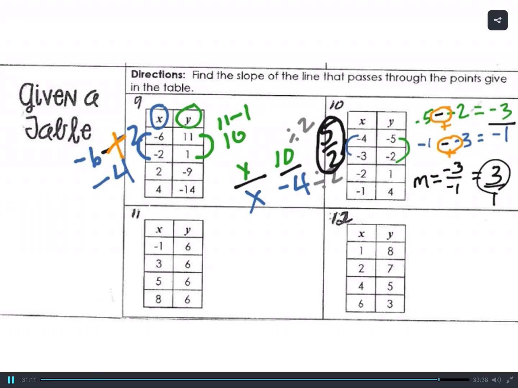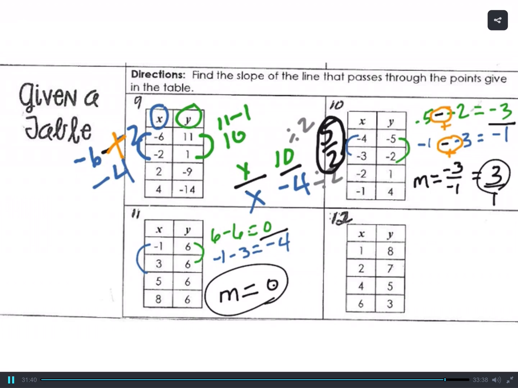Let's try number 11 together. So I've got 6 minus 6. 6 minus 6 is 0. Then I've got -1 minus 3 is -4. Okay, 0 divided by -4 is 0.